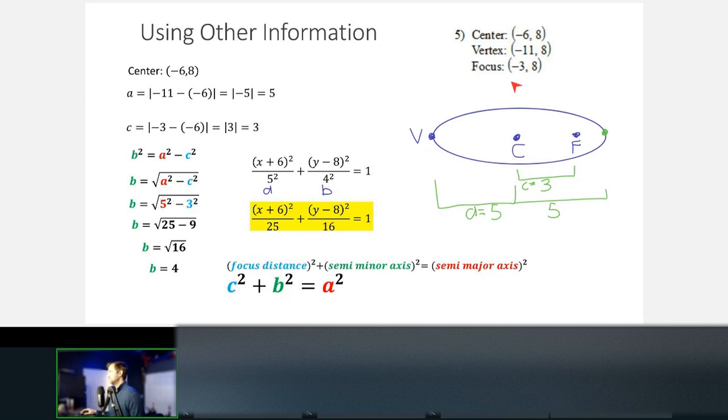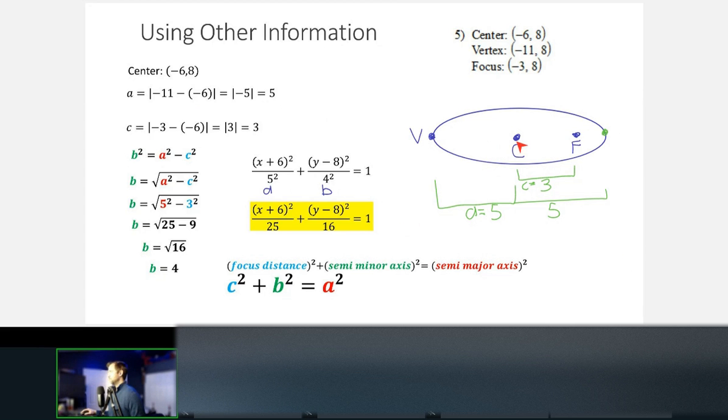From the center, we know one of the focus points travels to the right. Again, I didn't put the coordinates down, but by creating a diagram and knowing the focus travels to the right, so this is our major axis, we know the ellipse is horizontal and not vertical. Then we know from center to a vertex is your a value, so we can use the distance formula to find that, which is 5.